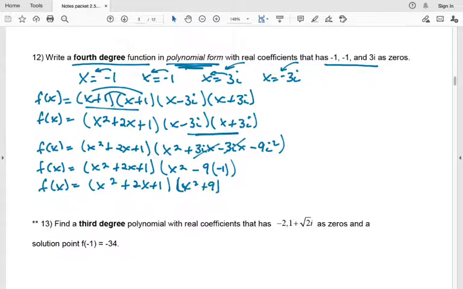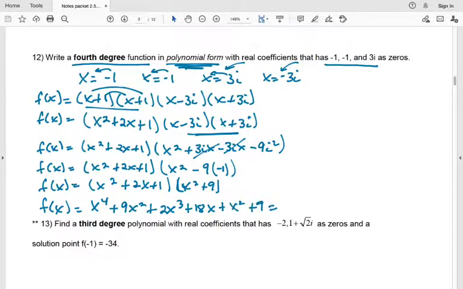All right, now we need to multiply that out. Remember, every term in the first parentheses gets multiplied times every term in the second parentheses. So x squared times x squared is x to the 4th. And then x squared times 9 is 9x squared. Now multiply 2x. So 2x times x squared is 2x cubed. And then 18x. And then 1x squared. And then 9.